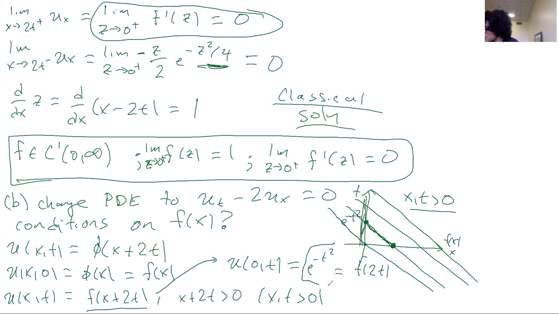So our condition that we get then is that f of 2t needs to equal e to the minus t squared, because this transport essentially just propagates waves from the initial condition right into the boundary. So we need the boundary to agree with our initial condition throughout, in this case.